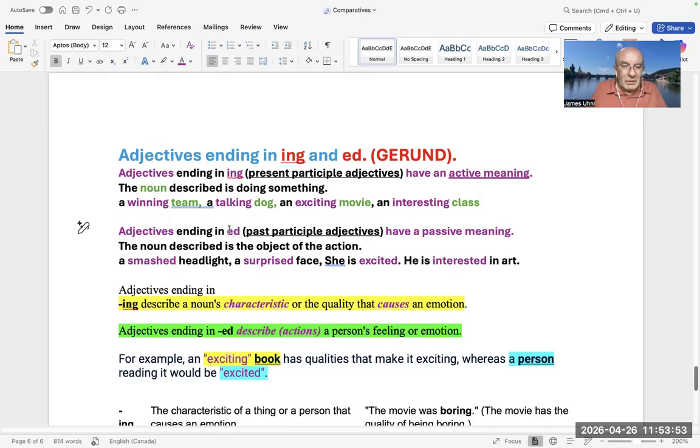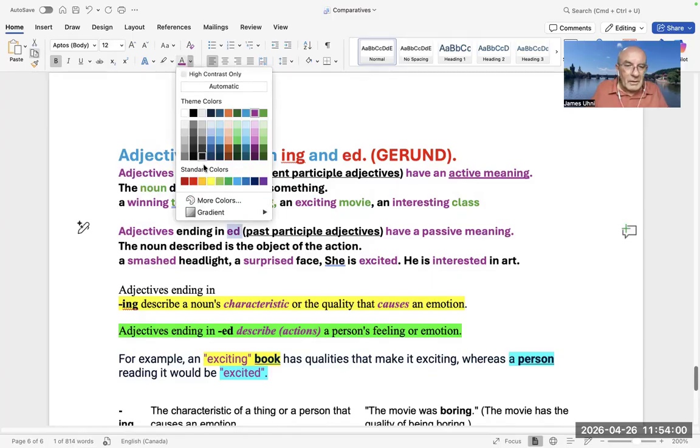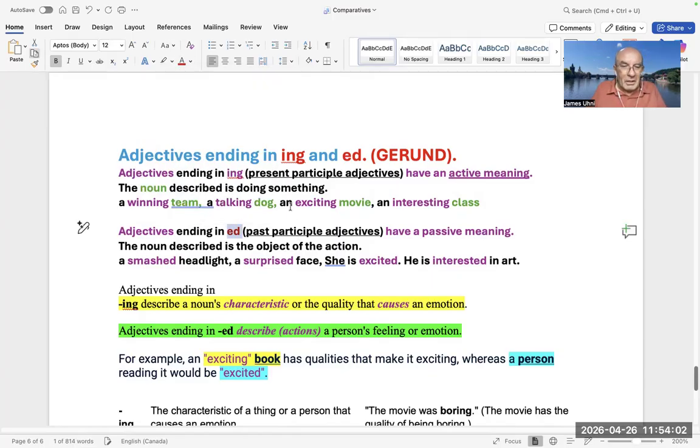No, I will change it. I will change it into red purposely, but only this one, not ing like it is here, but in red as it is here. Past participle adjectives. Oh, new term. What is the present participle adjectives?